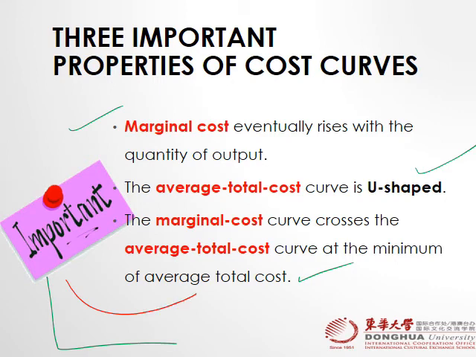We have the U-shaped curve, which is average total cost, and we have marginal cost. So average total cost is U-shaped, and marginal cost crosses the average total cost at its minimum, which is the efficient scale. So the efficient scale is that point or area in which the average total cost is minimum, right? The bottom of the U-shaped curve is the efficient scale.